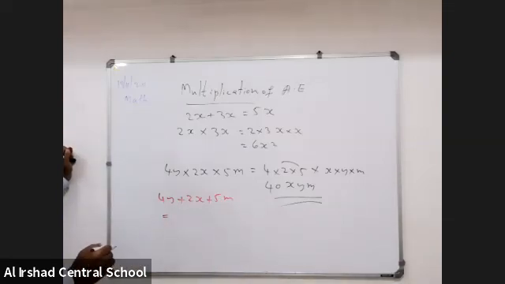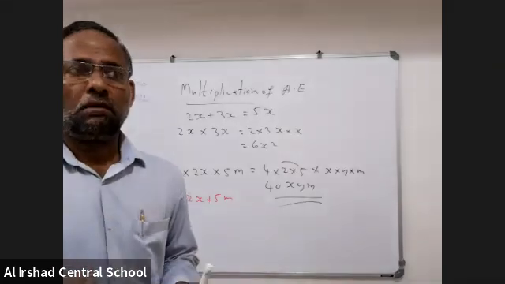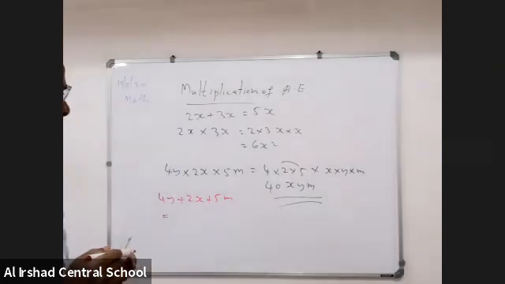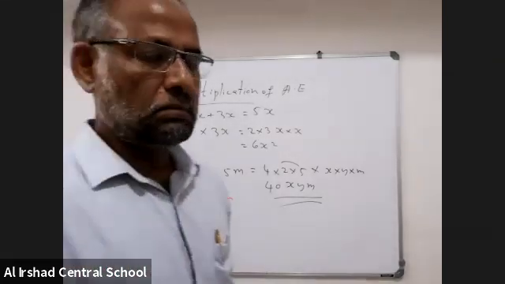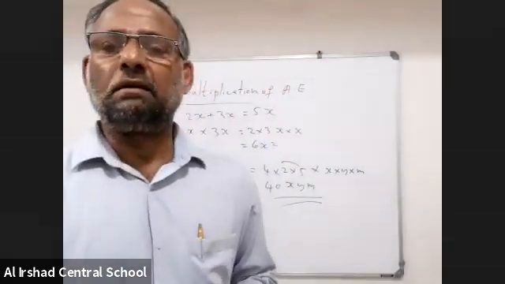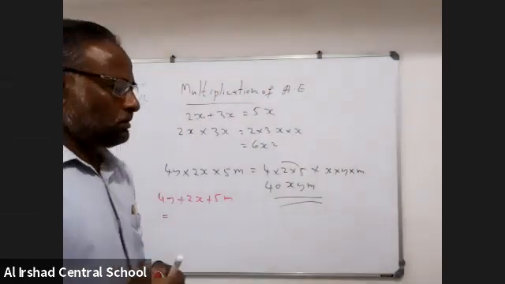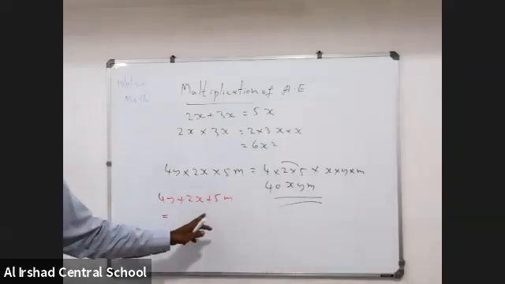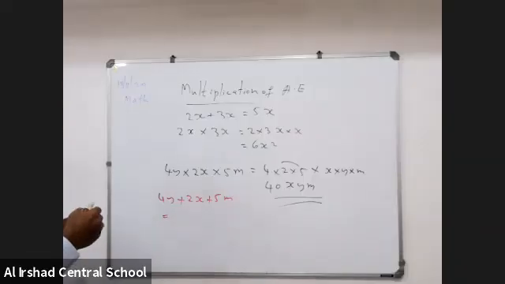Anything? 4y plus 2x plus 5m. What is the answer here? 4y plus 2x plus 5m is equal to what? Tell me. What is the answer?